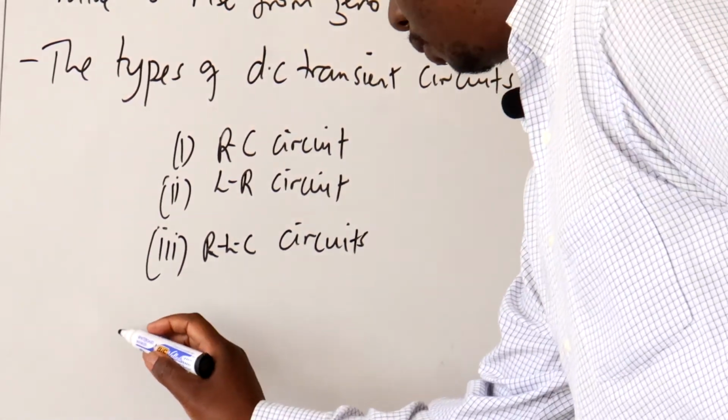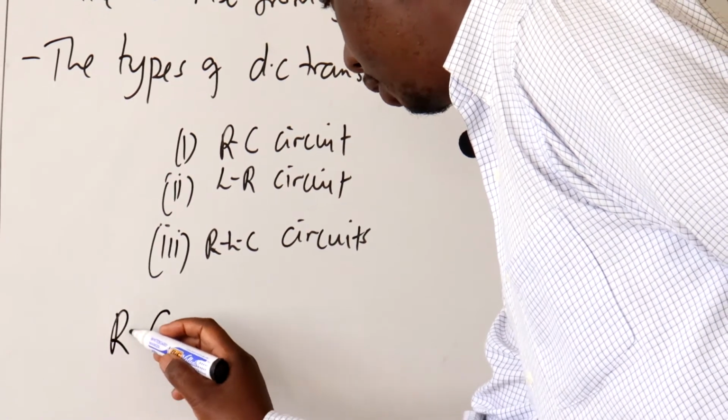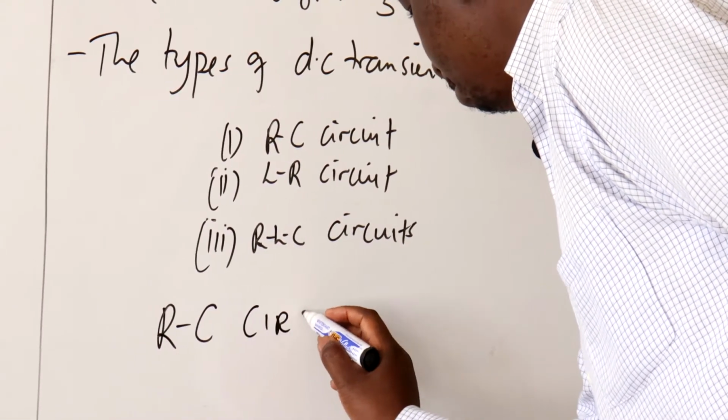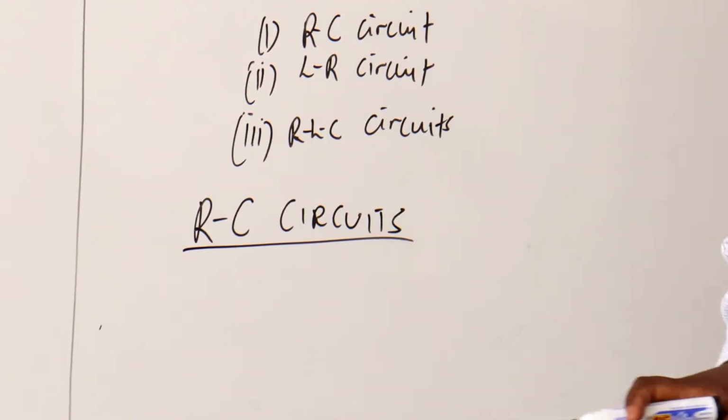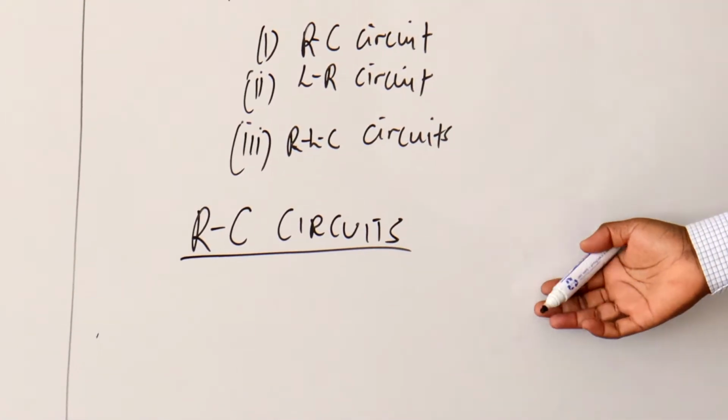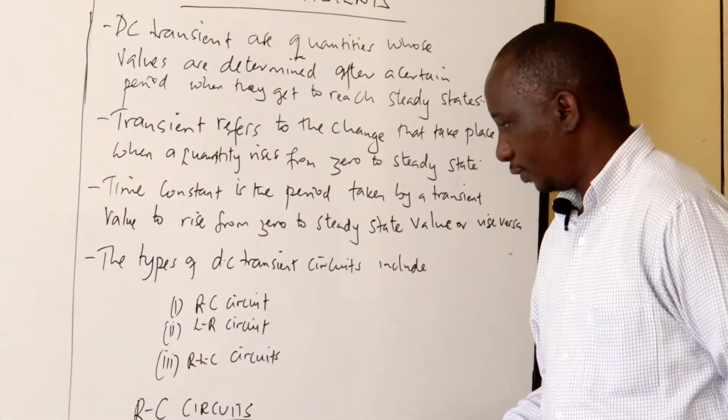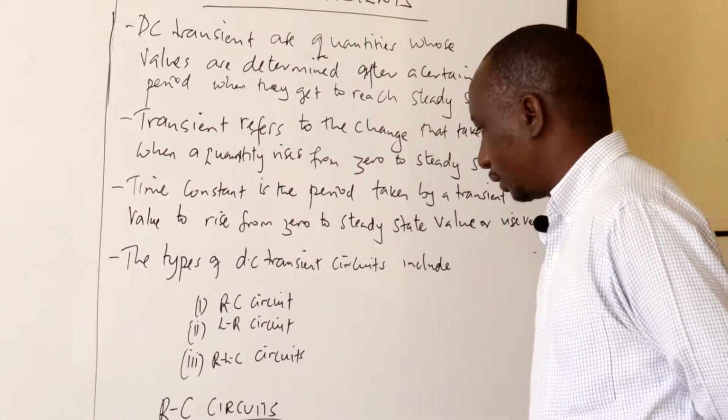So we shall be dealing with the RC circuits. In this circuit, we must understand charging and discharging. In this case, we shall have a circuit that appears this way.